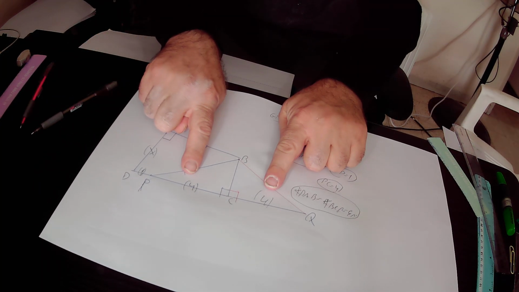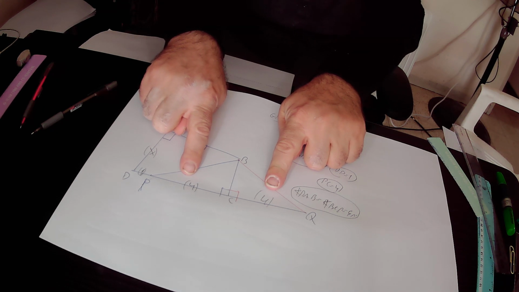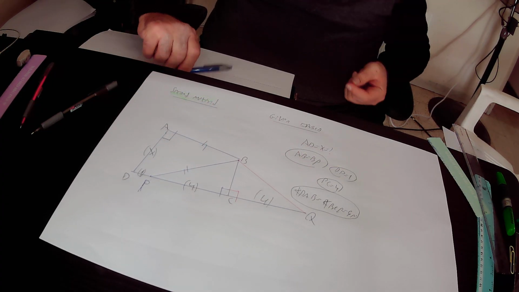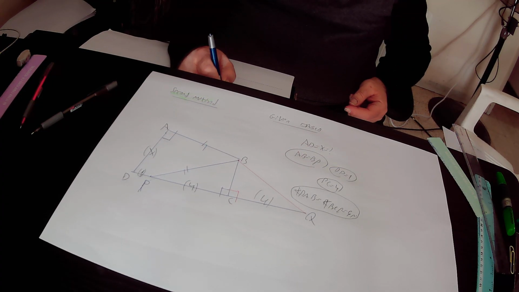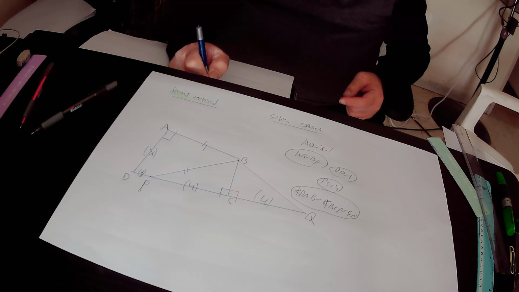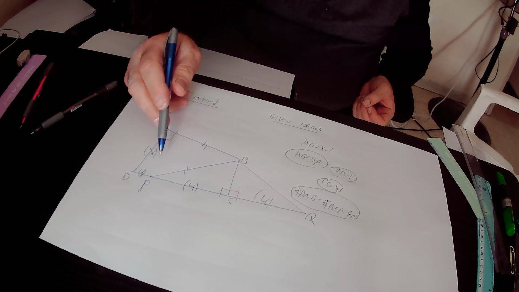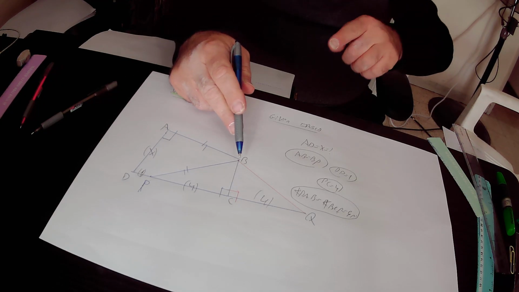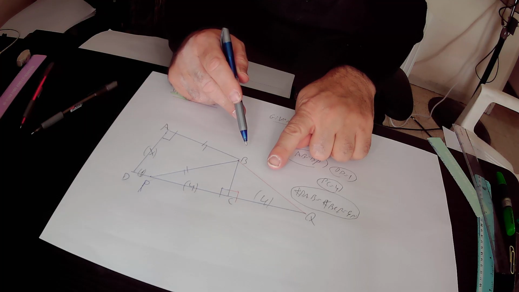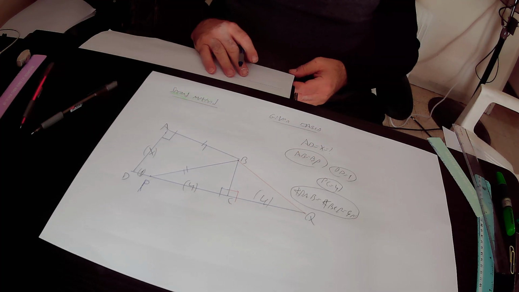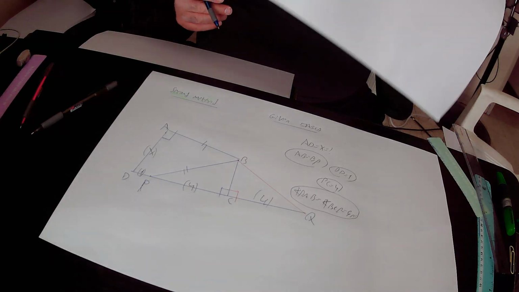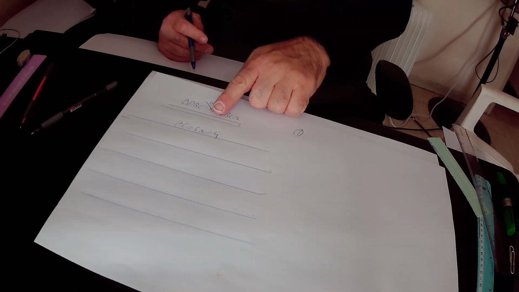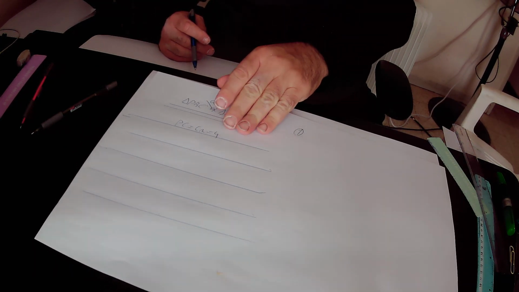Those two sides are both equal to 4, therefore they are equal to each other. PC equals CQ equals 4. Side PC of this right triangle PBC equals side CQ of this right triangle BCQ.